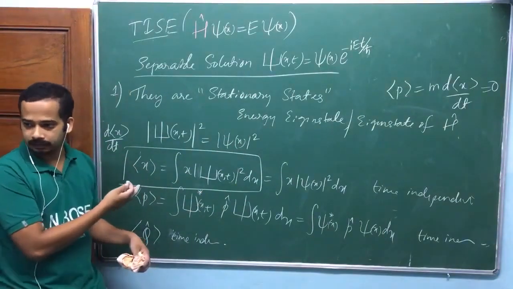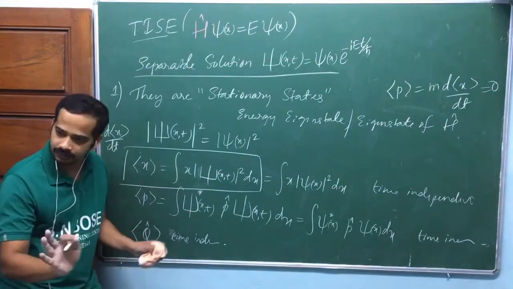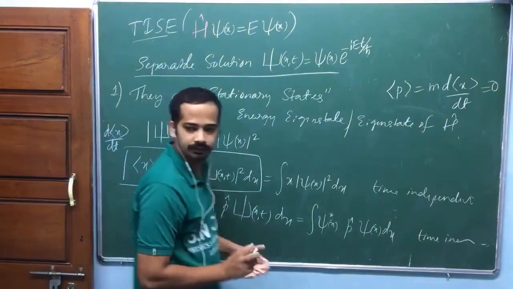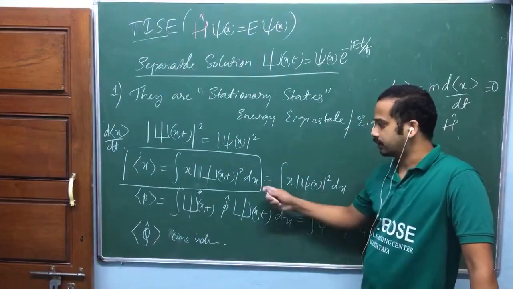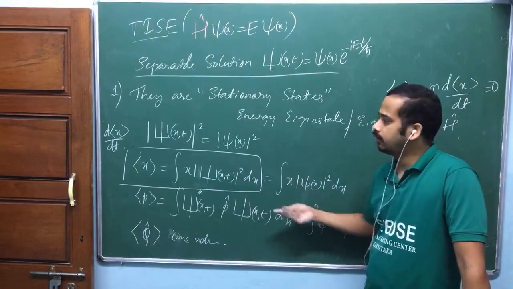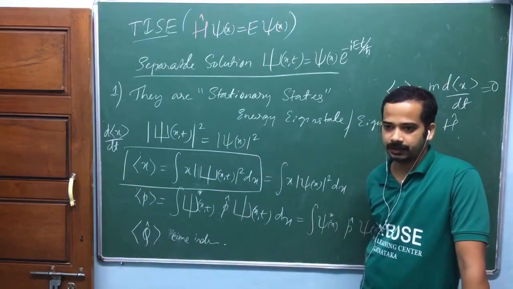If I apply Ehrenfest's theorem, you have to take the time dependent wave function with time as a variable. But what happened here is, even though it is time dependent, mod psi square is time independent. That's why the derivative is 0. Is that okay?